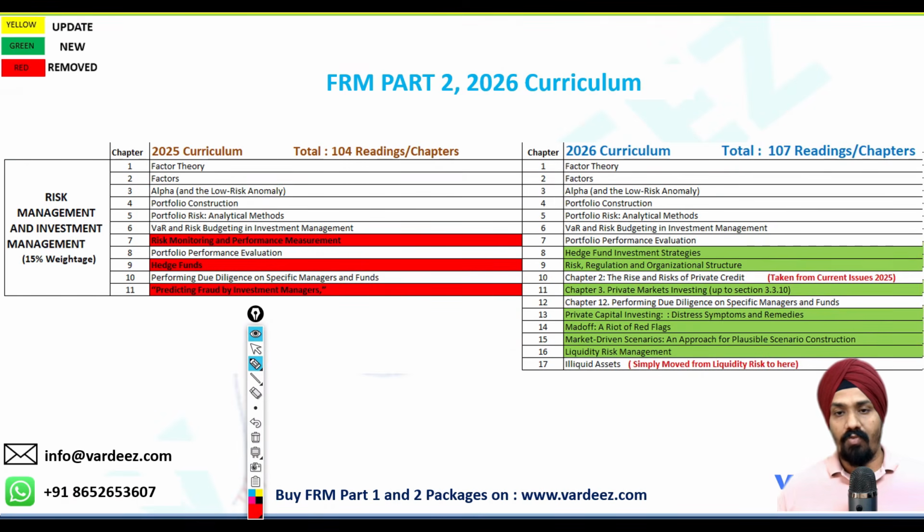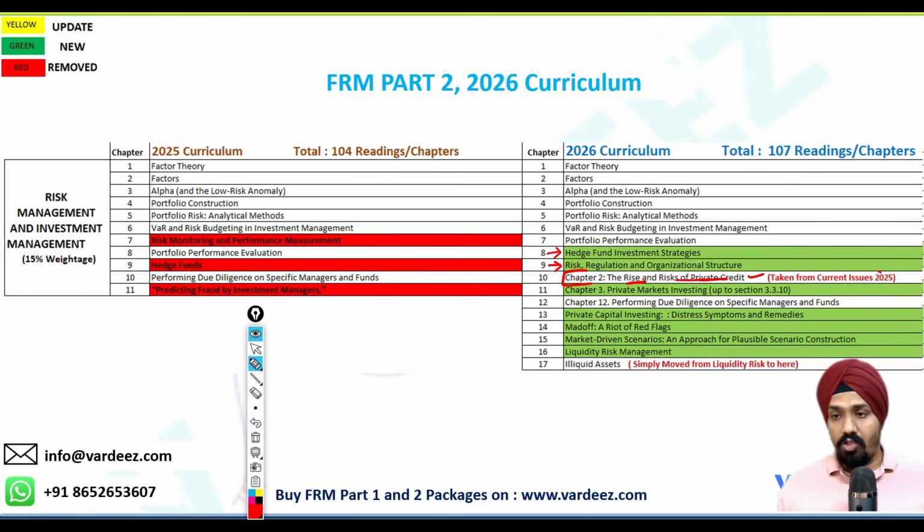So what do you see here? For example, the hedge fund has been added. All the new learning objectives have been added. Risk regulation, organizational structure, this has been added for 2026. There's also one update here, which is chapter number 2, the rise and risk of private credit. Now this chapter was there in current issues in 2025.